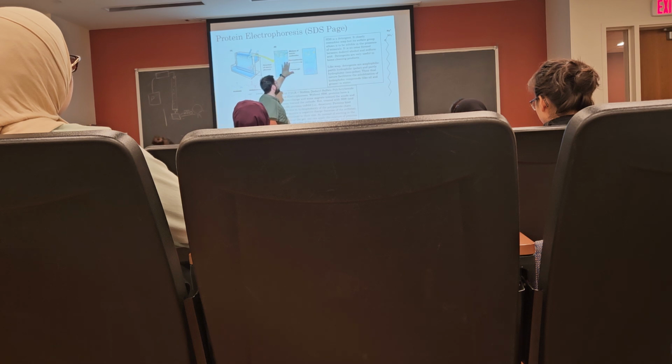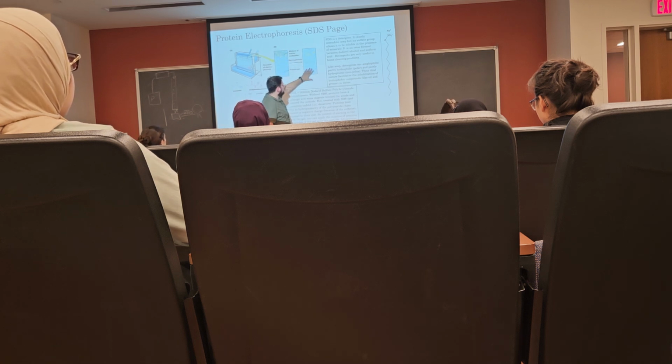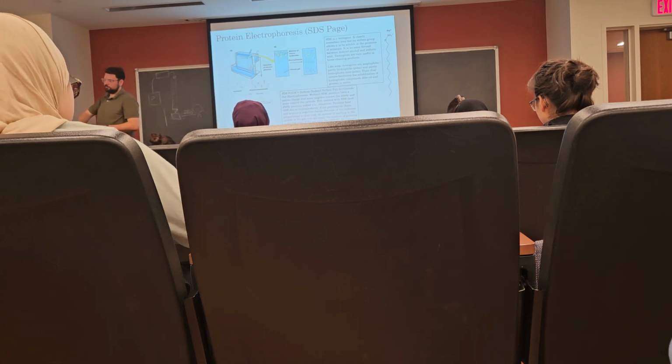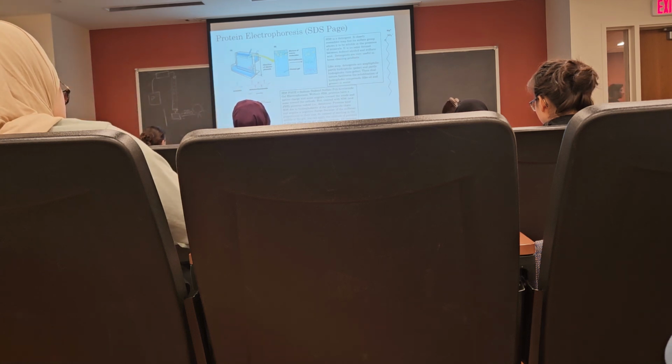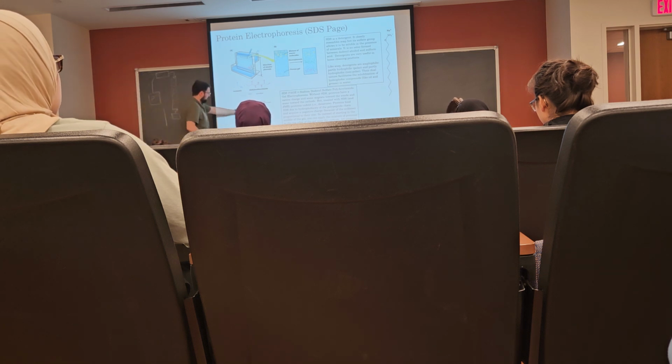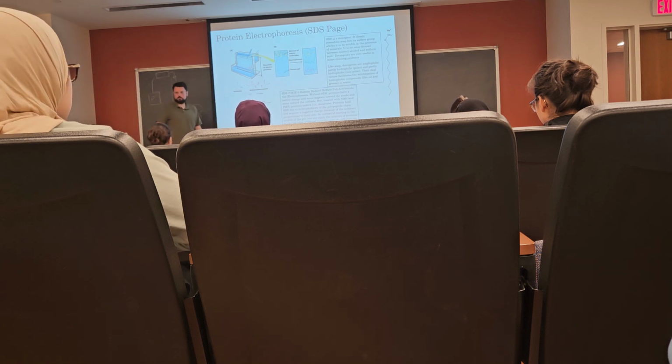And because it has to wind its way through the gel, which is made up of all these tiny strands of polyacrylamide, the smaller proteins in this case are able to more easily make it through, whereas the larger ones, because they have more mass and longer length, have to kind of twist themselves around these polyacrylamide fibers, okay?